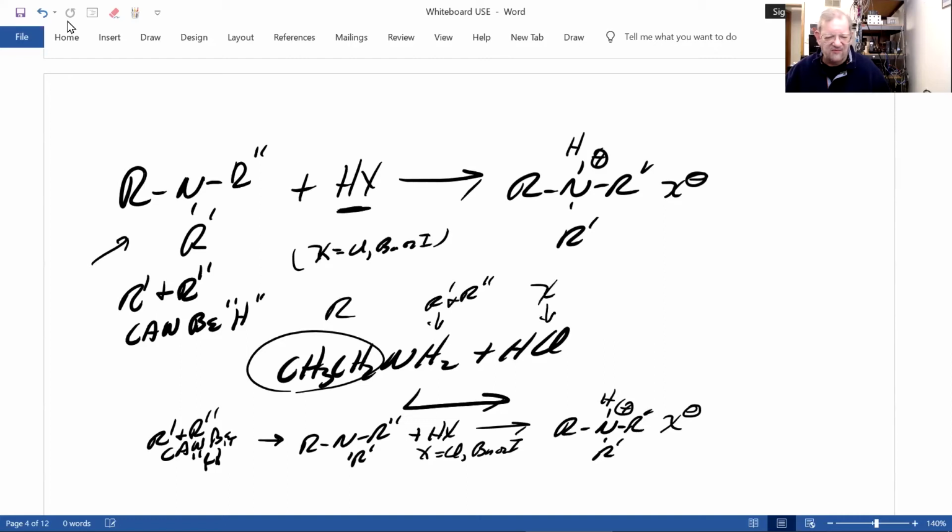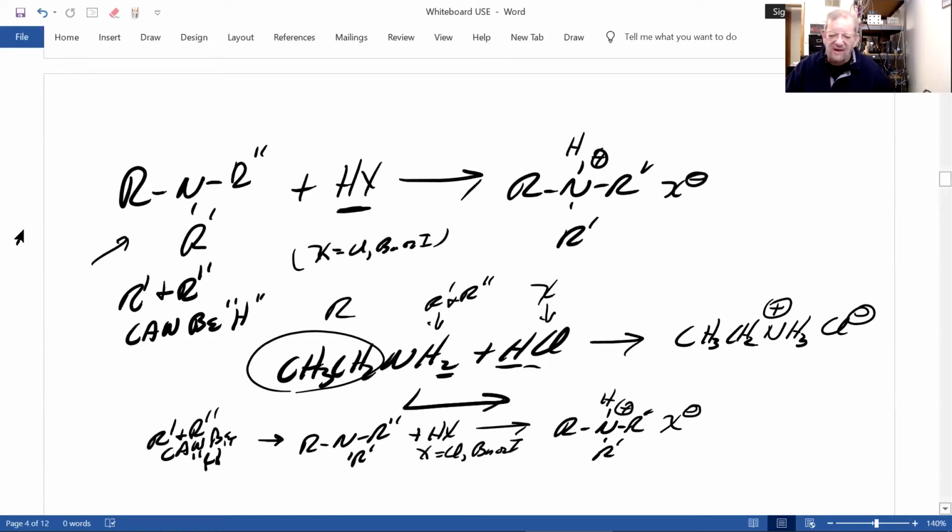Here's my X. React that. Notice I have two hydrogens. I'll add one more, but it's a plus charge, and my anion is chloride. And that's how you make an amine salt.